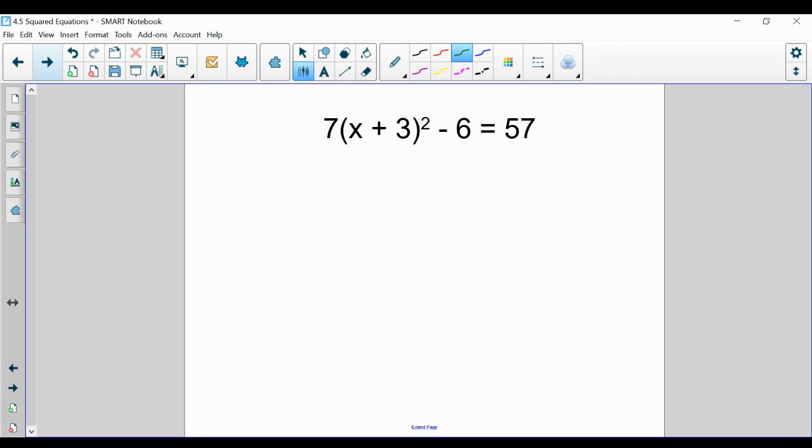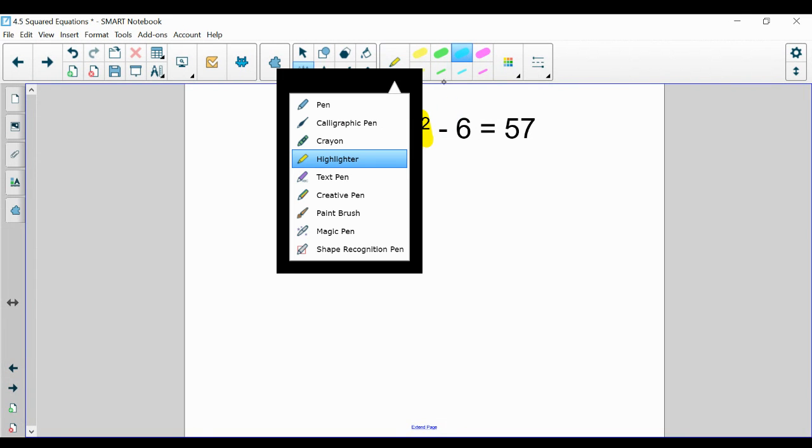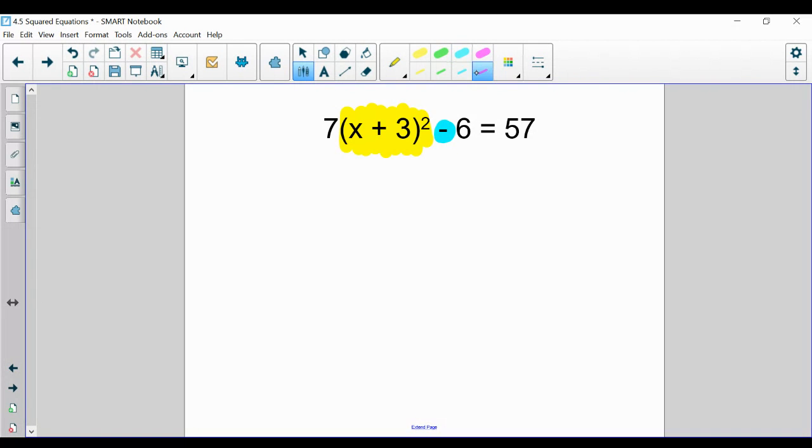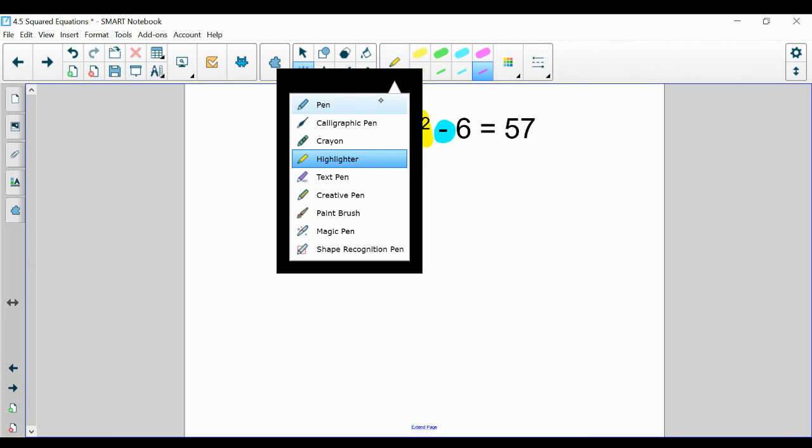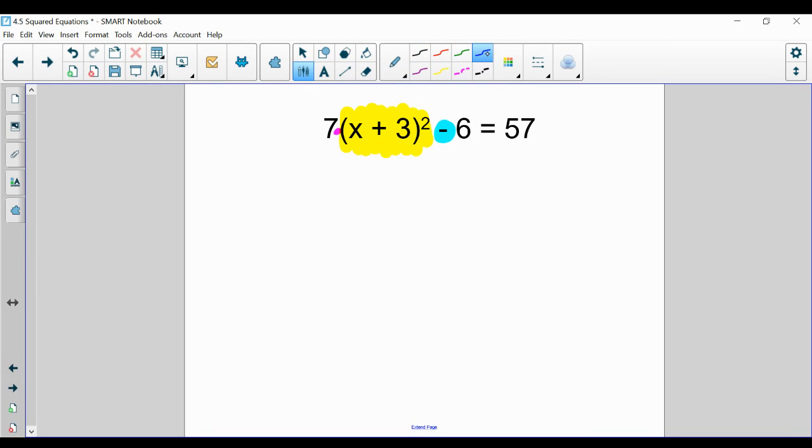So now it gets tricky. And what we have to notice, again, is that we have our weird guy, and we have two things going on. We have subtraction, and there's invisible multiplication right here. And just like when we're solving a regular equation, we are going to solve this according to backwards PEMDAS. So I'm first going to add 6 to both sides and begin to isolate the weird guy.